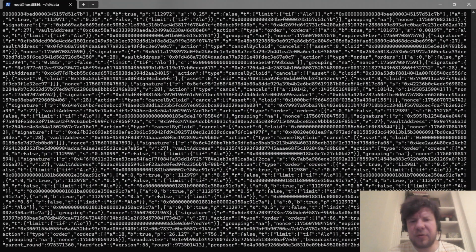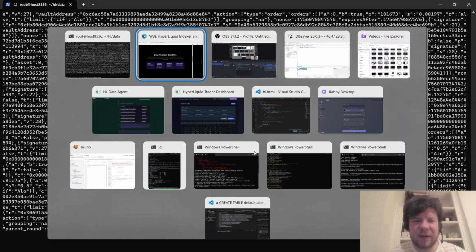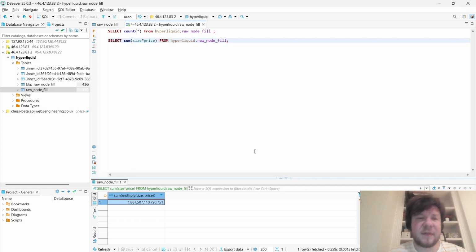We set up our Hyperliquid node, which is indexing and getting data. We set up some Apache Airflow processes to clean this data, restructure it, pre-process it, and aggregate it a little bit, and that's what we have.